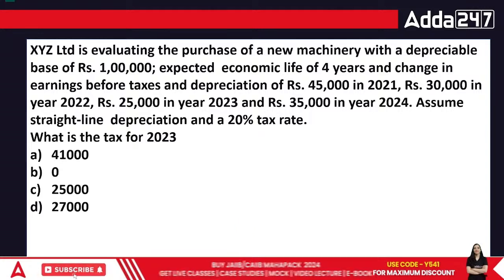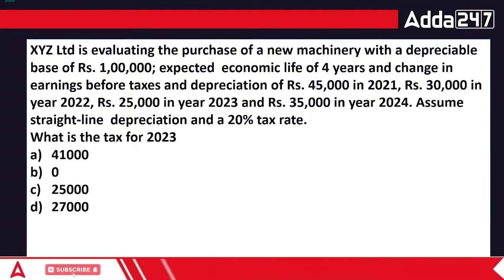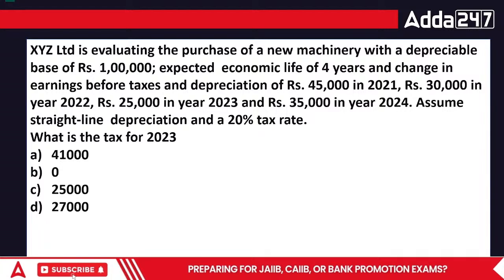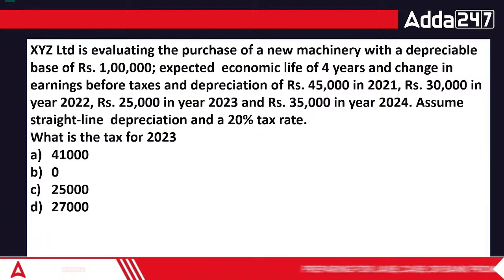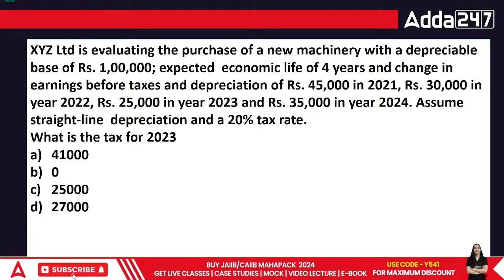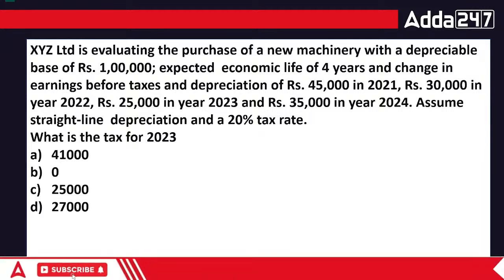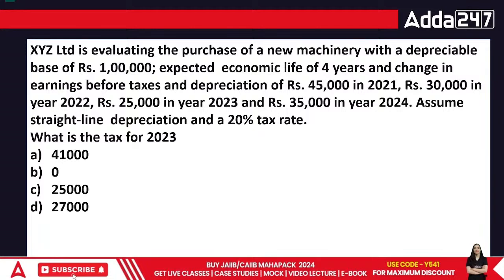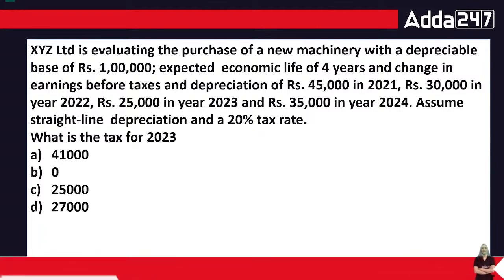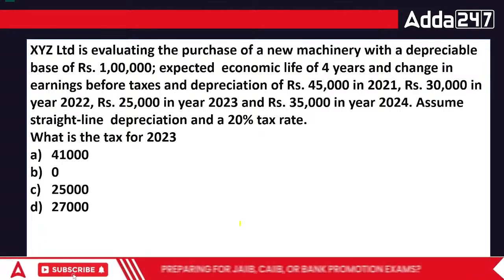Same question is there. What is the tax for 2023, everyone? Now to do the tax for exclusively 2023, what's going to be your answer, everyone? 41, 0, 25 and 27.